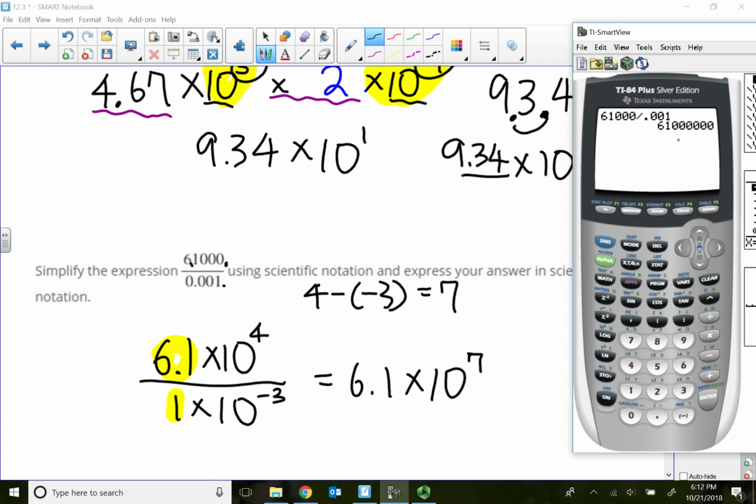Because the decimal needs to be between the 6 and the 1, so I need to move 1 additional place. Just by looking at this, the exponent should be 7, because the 6 places I move cover the 6 zeros, but I need to move 1 more place to have 6.1. That's why it's to the 7th power, just by looking at the calculator.